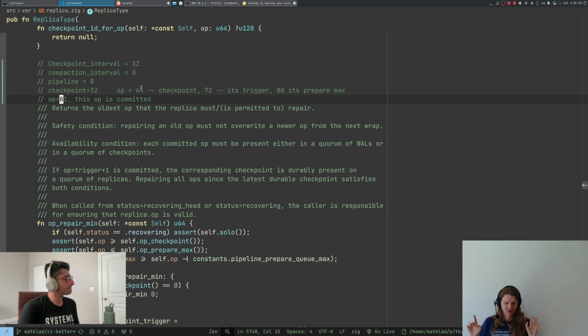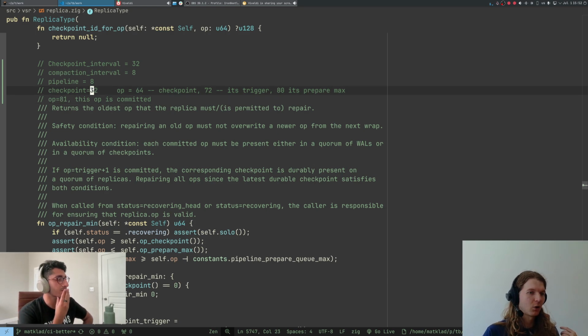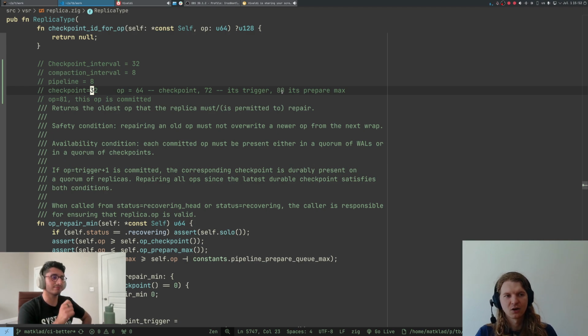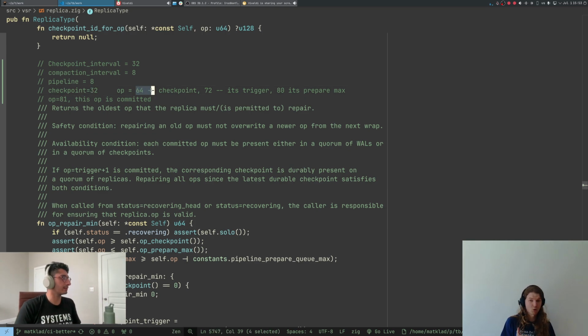You get rumors from a primary that, hey, primary has committed op 81. What can you infer about this? Well, first of all, you know that the primary obviously has this op 81, and if it is still on checkpoint 32, then it couldn't have appended op 81 to its log. So the primary needs to be at this next checkpoint, op 64.